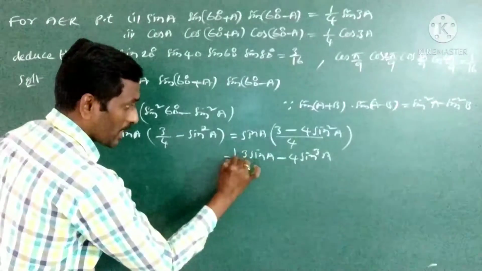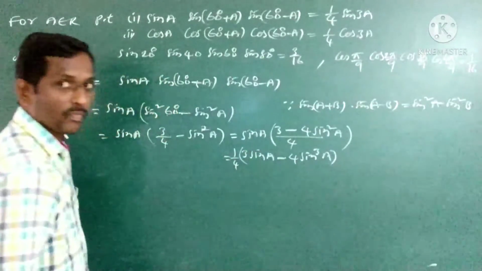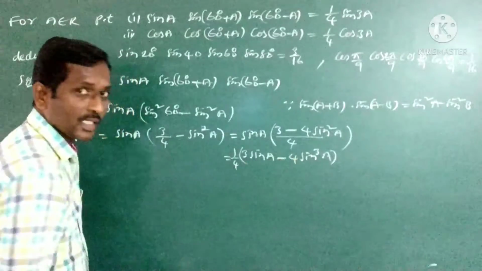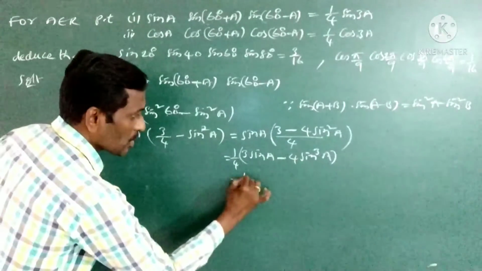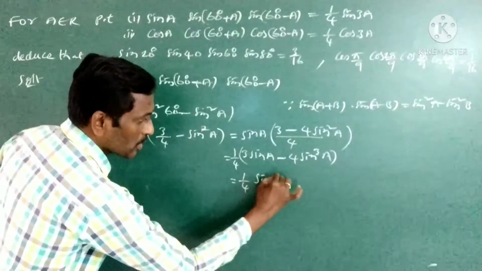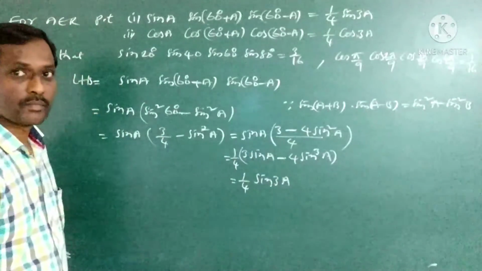So by 4 we can write this as 1 by 4 of. Now what is it? It is the sin 3A formula, which is equal to 1 by 4 into sin 3A.